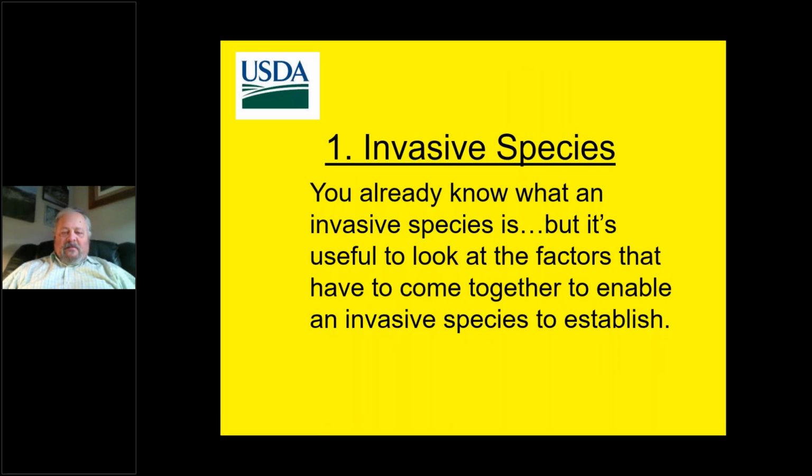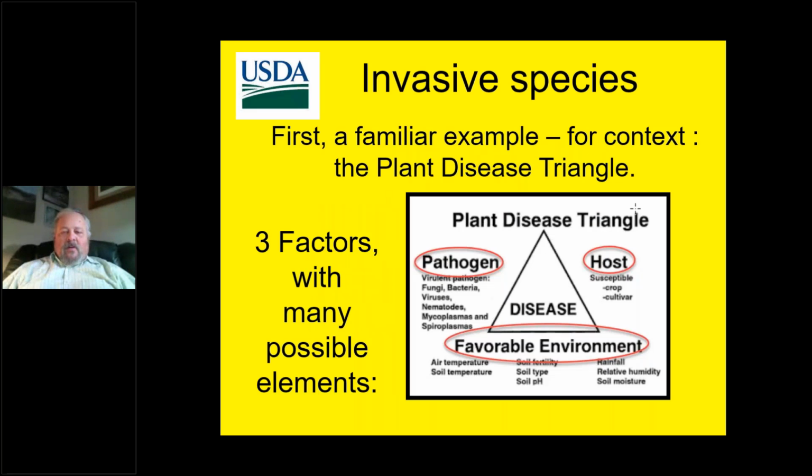Invasive species, topic number 1. Now you already know what an invasive species is, but it's useful to look at the factors that have to come together to enable an invasive species to establish. So first, in terms of looking at something familiar to help establish relationships, thought we'd look at the plant disease triangle.